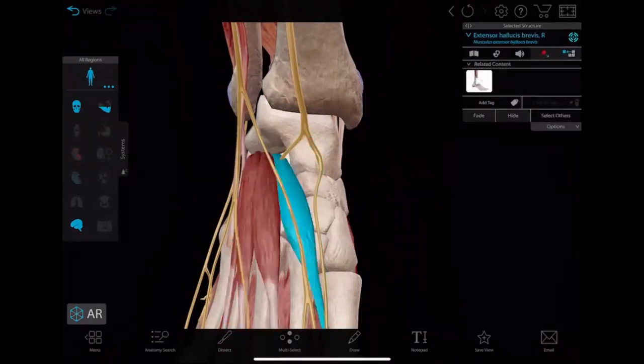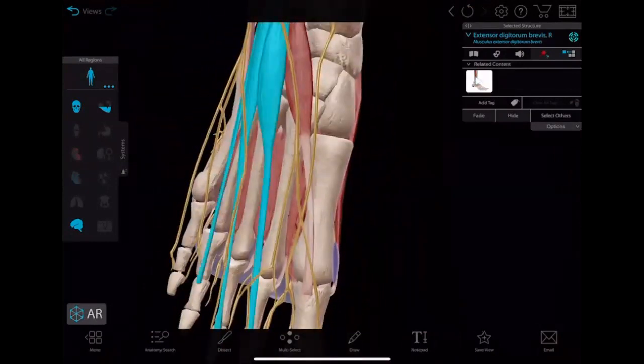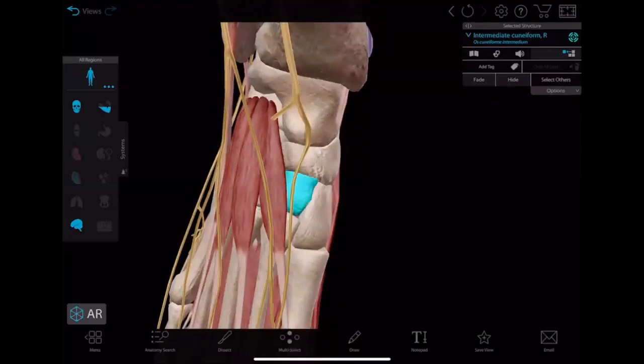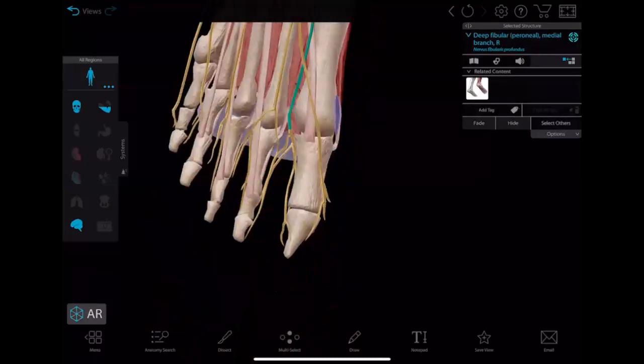This is the extensor digitorum brevis, right? And this one is the medial branch coming and supplying. You see the first web space, right?